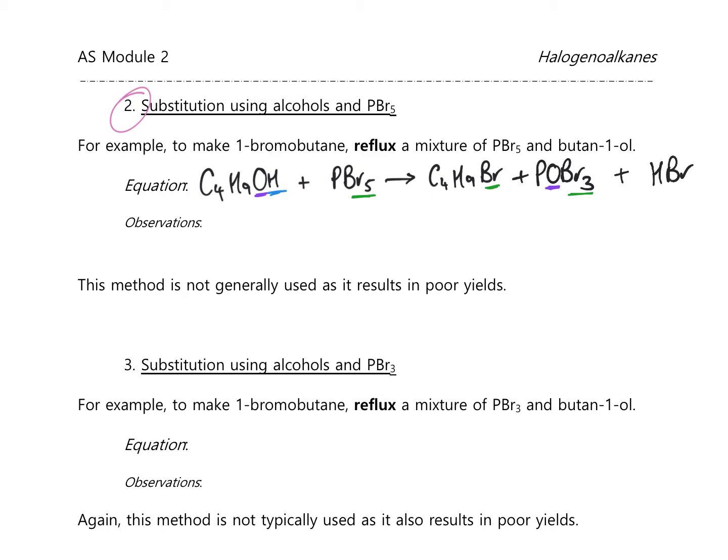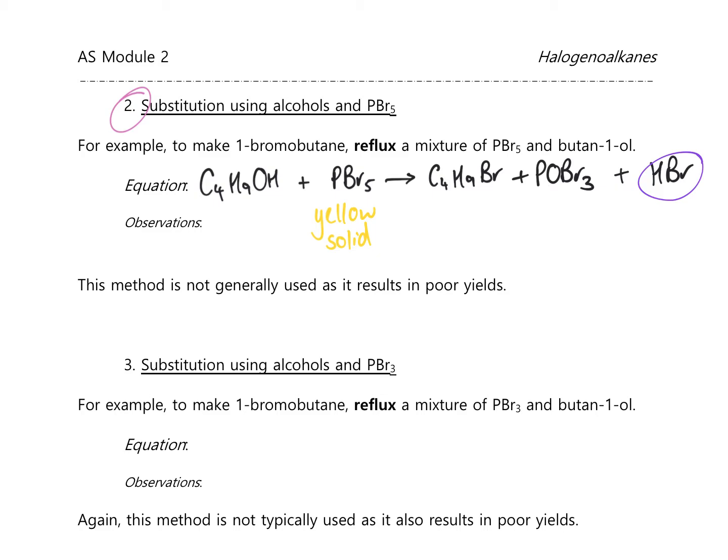In terms of your observations for this reaction, the phosphorus pentabromide is a yellow solid, so when this reacts with our liquid alcohol, that yellow solid will disappear, so solid disappearing will be one of your observations. Then if we think about our products, hydrogen bromide, remember that comes off as misty fumes.